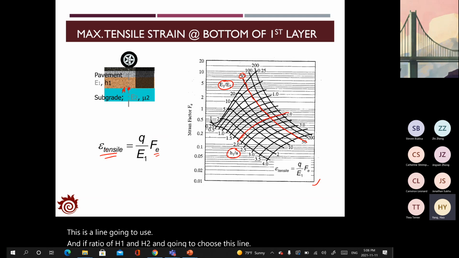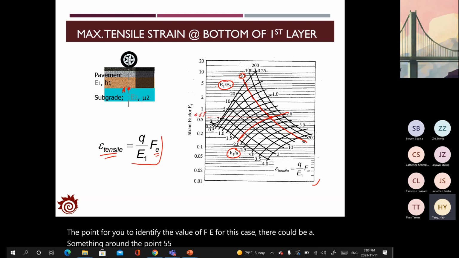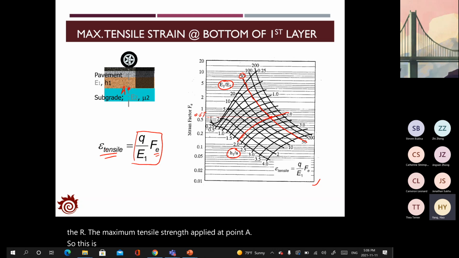And the intersection of these two lines would be the point for you to identify the value of Fe. For this case, that could be something around 0.55. And then you can use this equation to calculate the maximum tensile strain applied at point A. So this is the simple method to calculate the tensile strain.